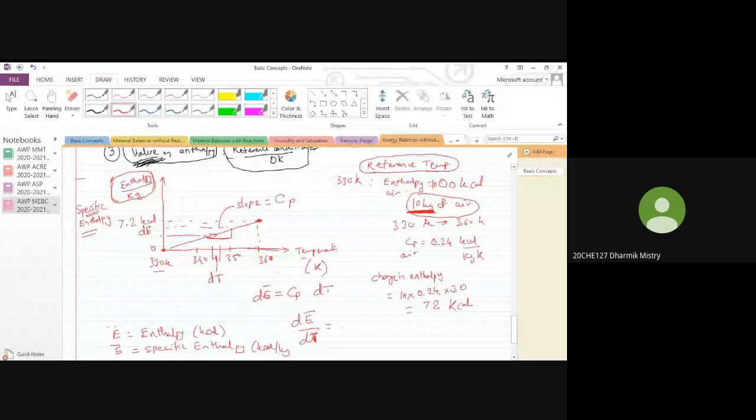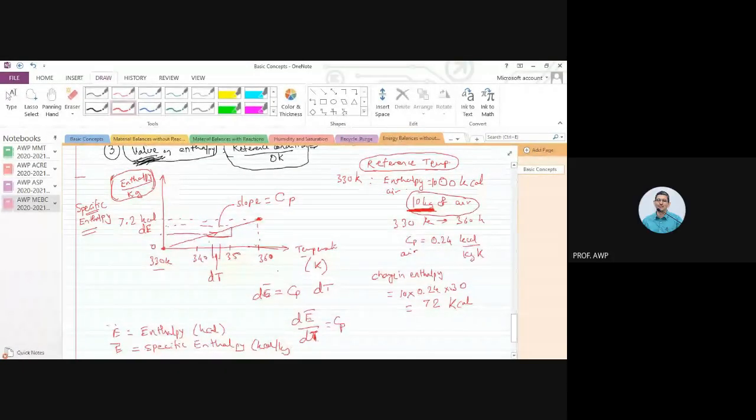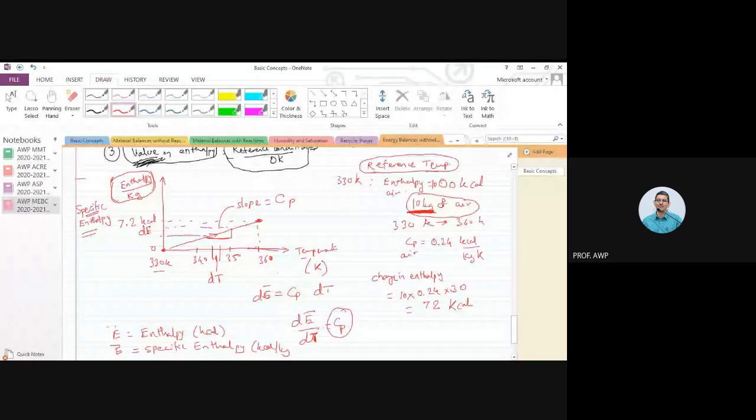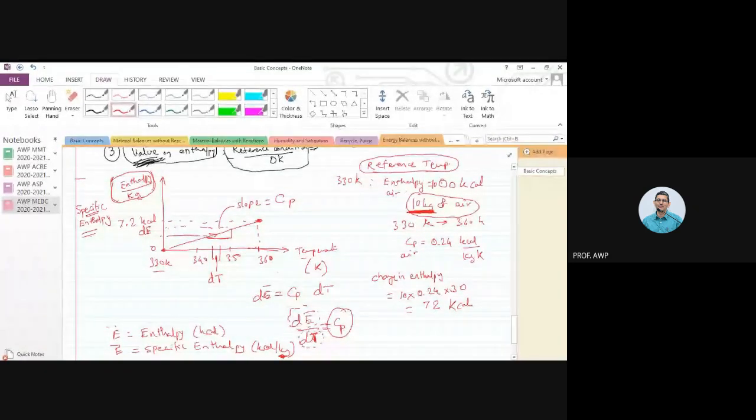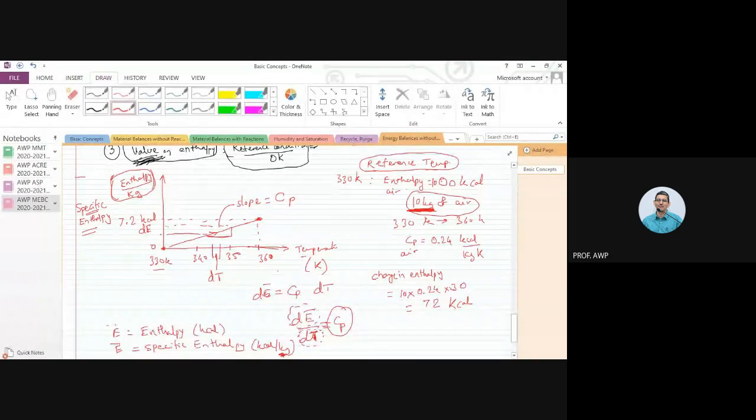Cp, right? So that's the meaning of specific heat. For 1 kg of the material, what is the change in specific enthalpy for a 1 Kelvin change in temperature, right?